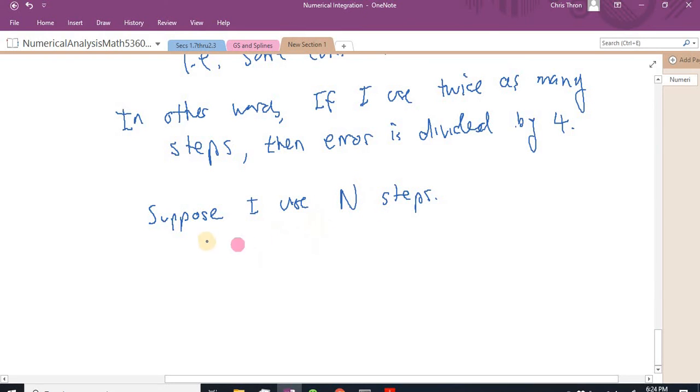Then my estimate. So let's let I est of n equal the estimate with n steps.